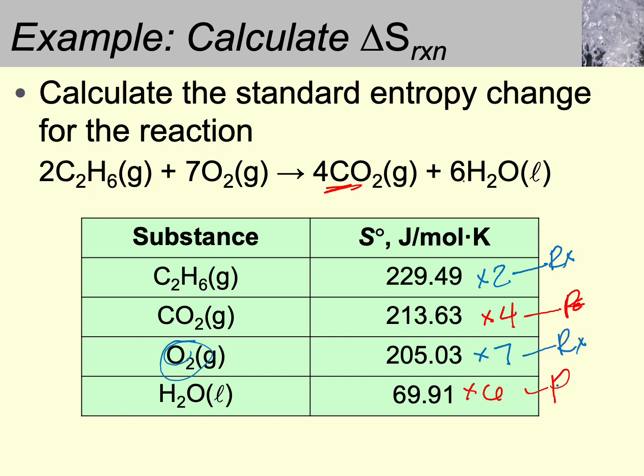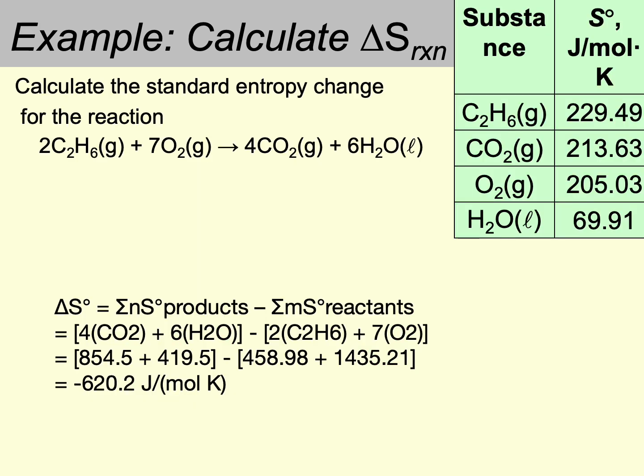And then it's going to be the products minus the reactants. This is shown on the next slide. So we did just that. We took the 4 times the carbon dioxide, the 6 times the water, minus 2 times the hydrocarbon, plus 7 times the oxygen. And when we did that, we got a delta S equal to negative 620.2 joules per mole per Kelvin.